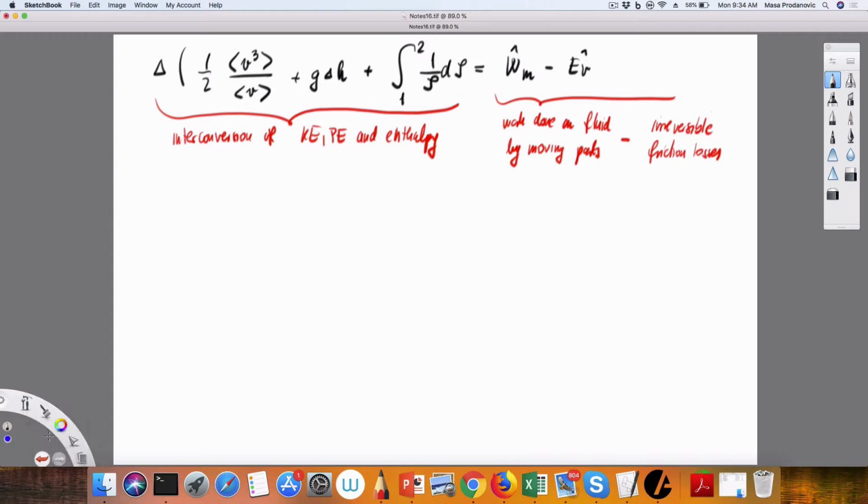And this term is basically the total term divided by W. So this is a steady state balance.